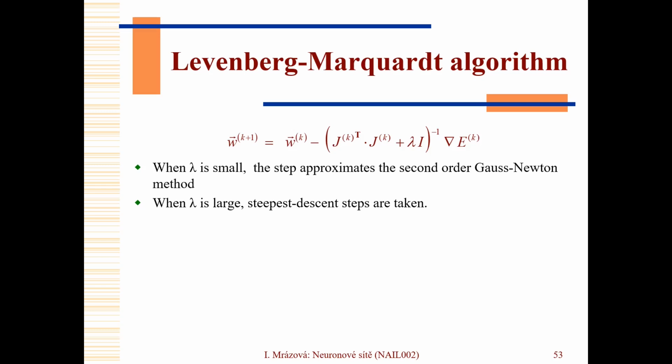When lambda is chosen small, then the step for weight adjustment approximates better the second order Gauss-Newton method and prefers the weight adjustments according to this method. Anyway, if we choose lambda to be bigger, then more or less steepest gradient descent steps are taken.